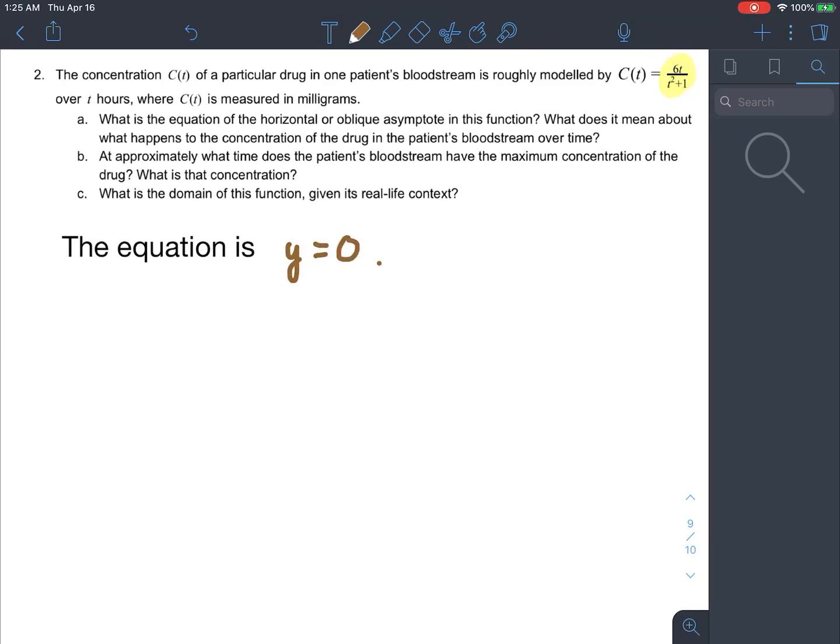Alright, what does this mean about what happens to the concentration of the drug in the patient's bloodstream over time? Well, it means it approaches 0 because it approaches the asymptote. I'm going to go ahead and assume that it approaches from the top.